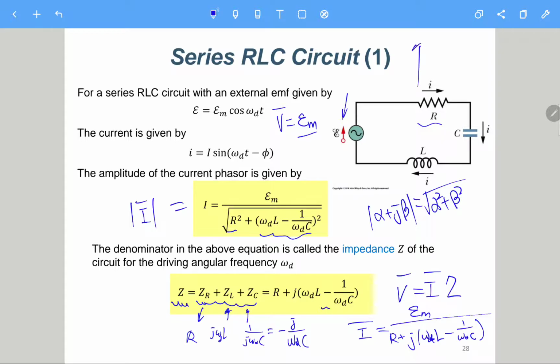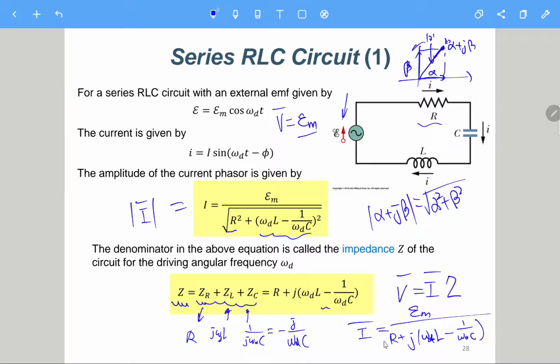The absolute value is like, if you have alpha plus j beta, for example, this point is alpha plus j beta, which means that this is alpha, this is beta. And the absolute value is the length from the origin to that complex number. So it is the square root of alpha squared plus beta squared.